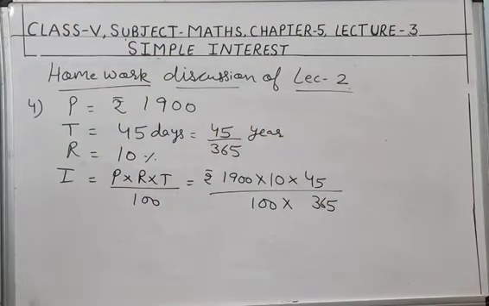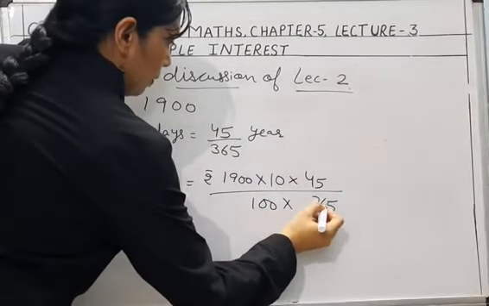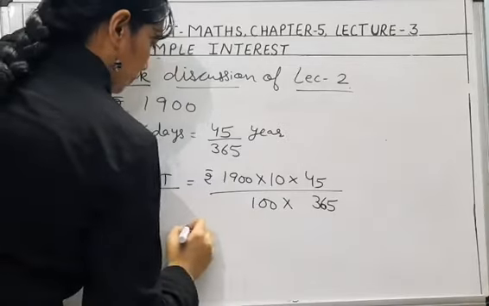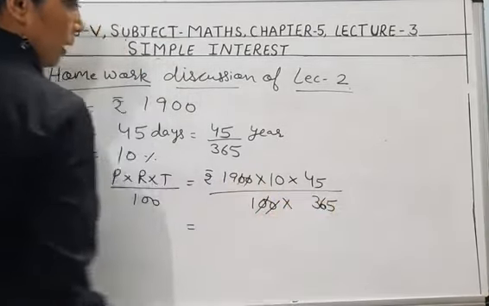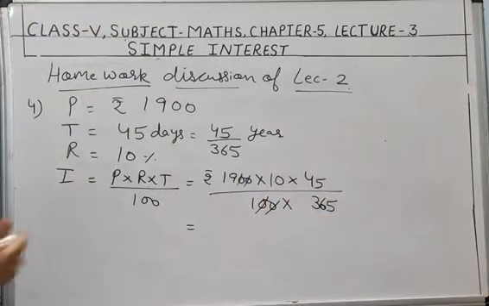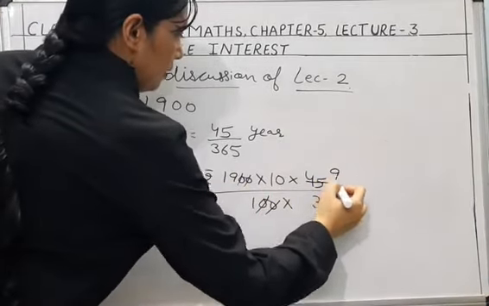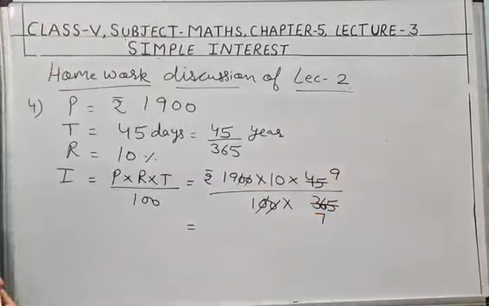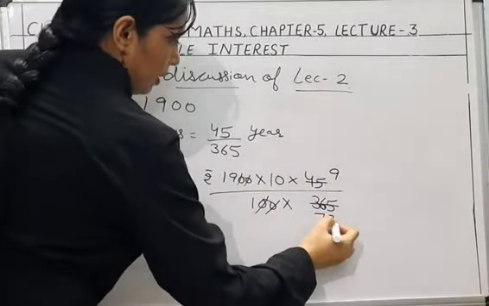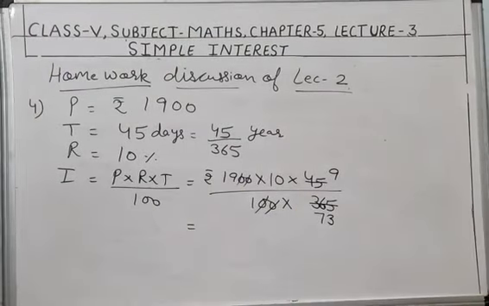So after cancellation and calculation, 2 zeros you will cancel. Now cancel this with the table of 5. 5 nines are 45, 5 sevens are 35, 5 threes are 15. Right?